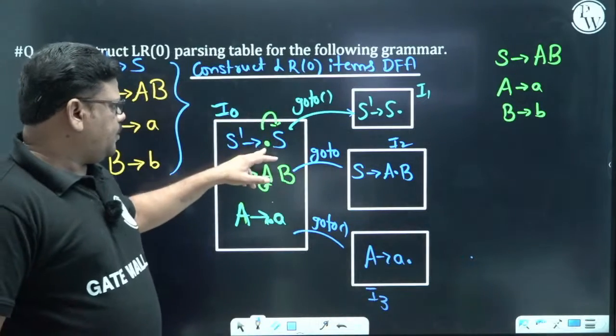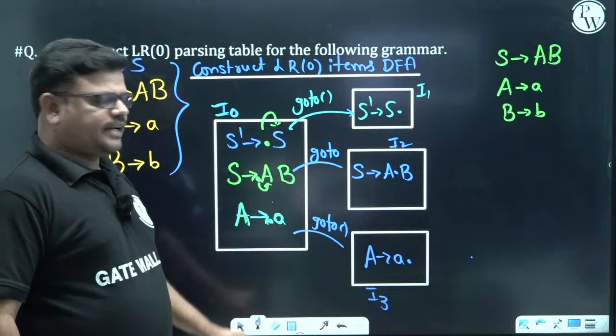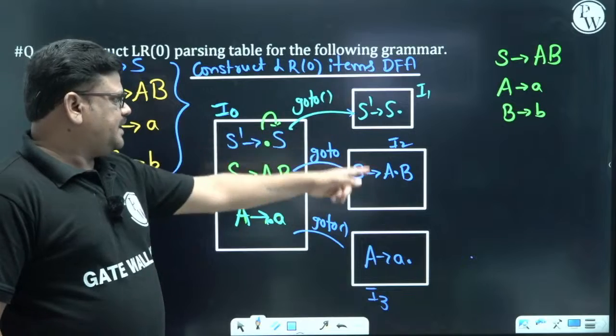So on every item apply goto: goto on the first item, goto on the second item, goto on the third item, each giving one state. All these are states of this DFA.